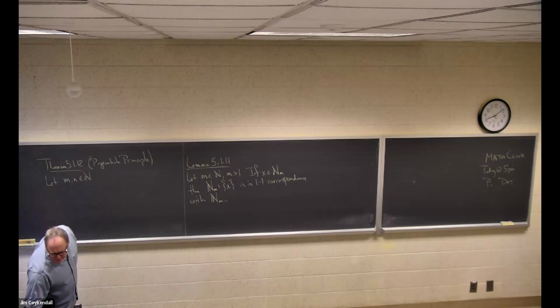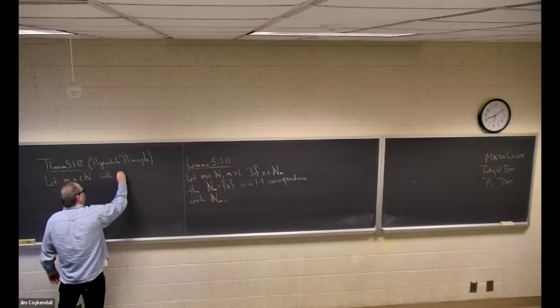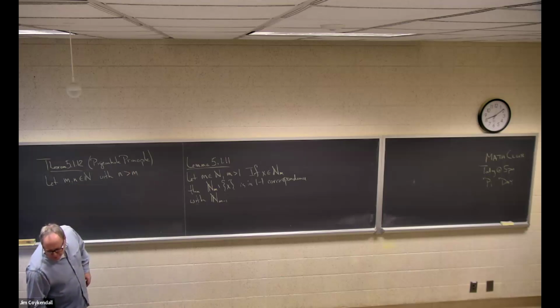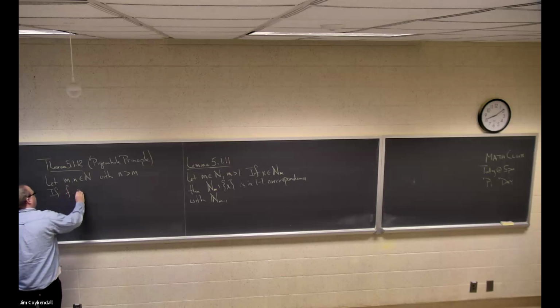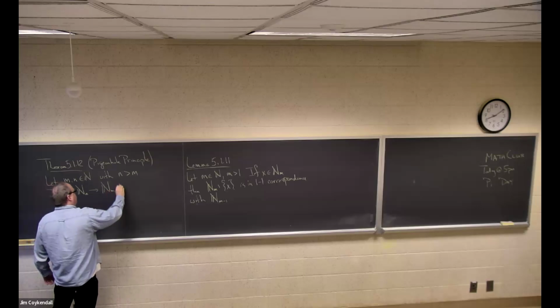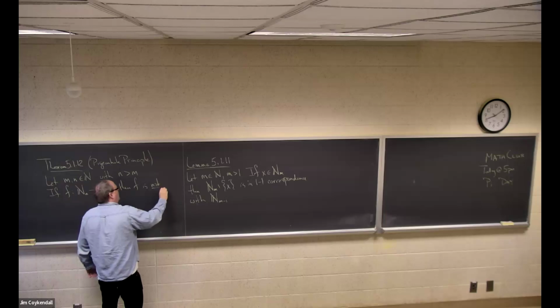Let n and m be natural numbers with n the bigger one, so n is strictly bigger than m. If f goes from N sub n to N sub m, then f is not one-to-one.